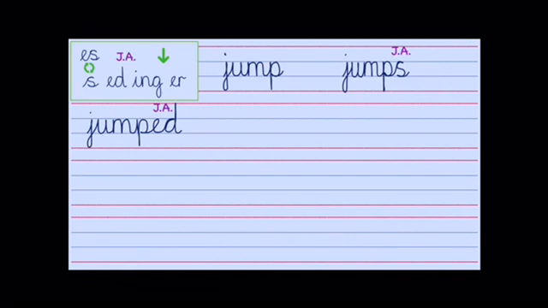Jumper. He is a jumper. Jump, written in the same way. And then ER. Now, you are quite right if you're thinking that there is another meaning.